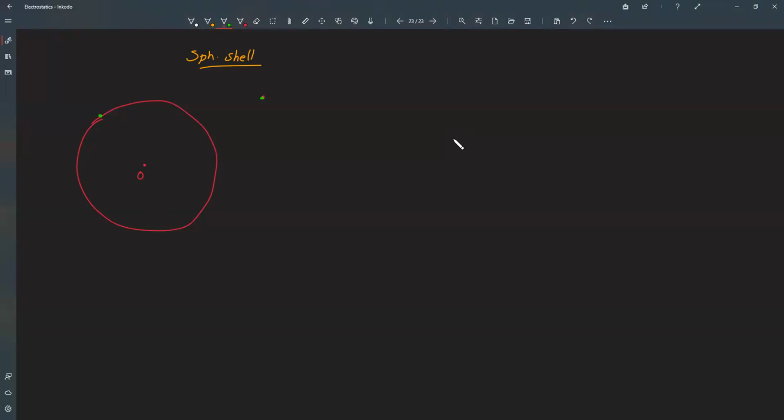So let's try to find the field outside the shell, that is, at a point P outside the shell. As we have seen earlier, the procedure is fixed.